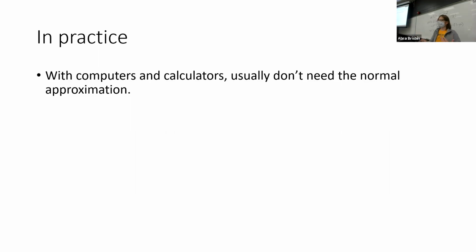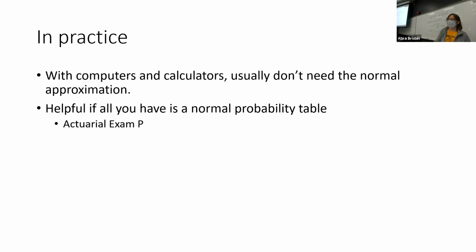The time when it's useful is if all you have is a normal probability table and maybe a 4-function calculator. So this ends up being very useful on actuarial exam P to be able to solve problems about the binomial distribution, even though you don't have a calculator handy that can do those computations for you.